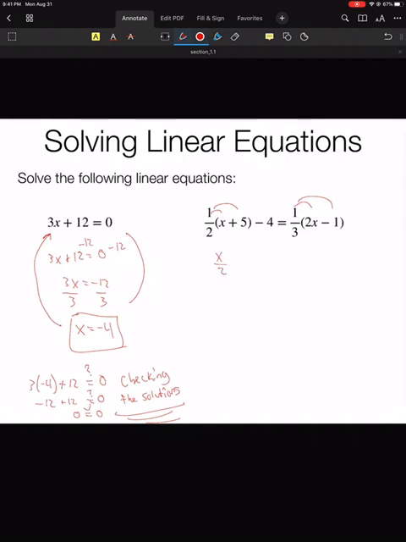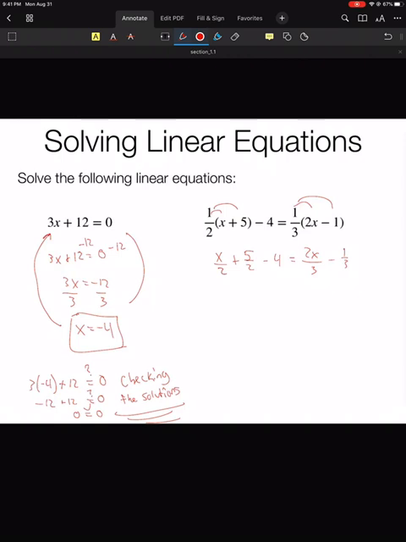And when we do that, we get 1/2 x, which I can write as x over 2, plus 5/2. Okay, that's distributing the 1/2. Minus 4 equals 2x over 3 minus 1/3. Okay, so then I've just used the distributive rule.